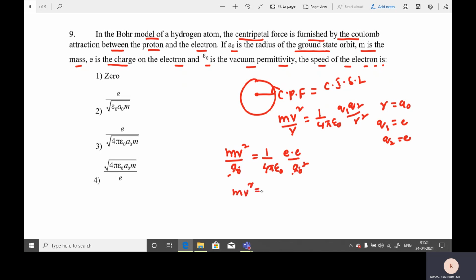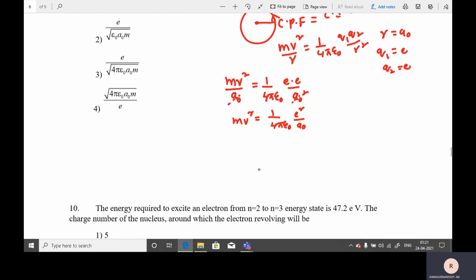Then mv square is equal to 1 by 4 pi epsilon naught e square by a naught. We need to find velocity. v square is equal to e square by 4 pi epsilon naught a naught m.